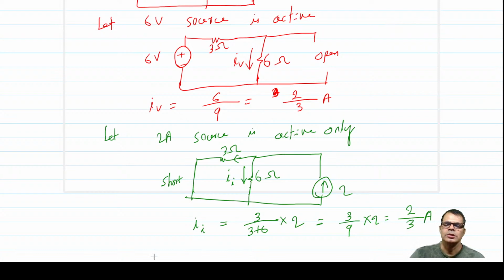So the response, that is the current, when both the sources are active is I of V plus I of I, that is 2 by 3 plus 2 by 3, which is 4 upon 3.